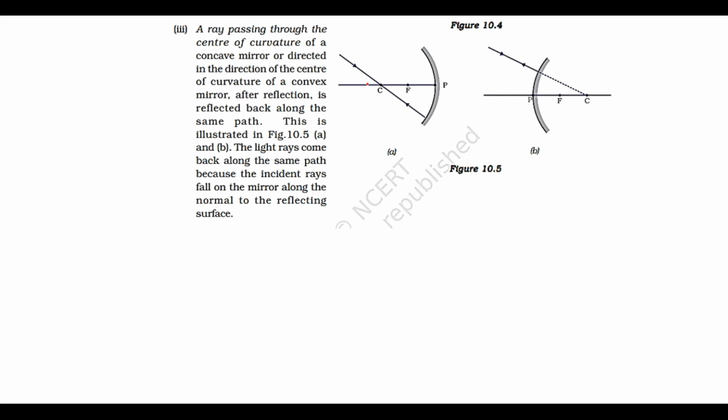This is the third rule, a very simple rule. It is the center of curvature rule. Here you can see a light ray passing through the center of curvature. After reflection, it retraces the same path.